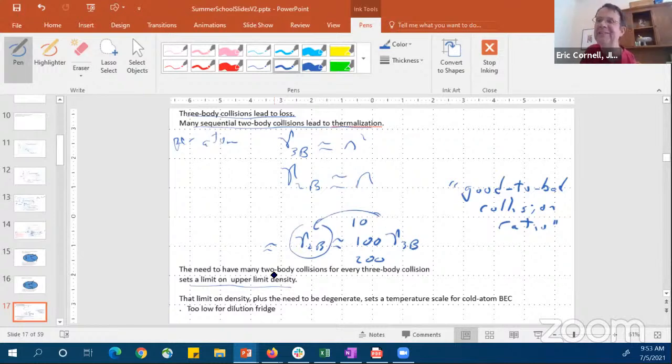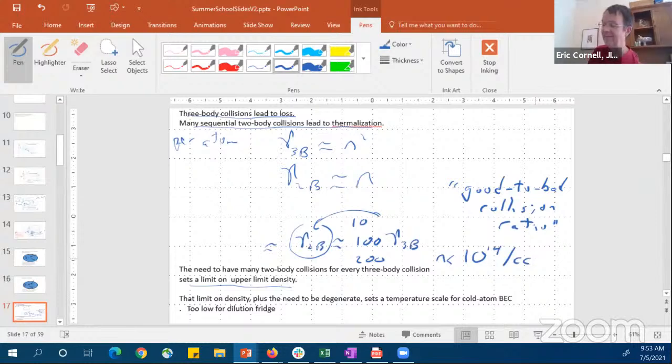Again, this is species dependent, but you'll very, very rarely see a condensate. Basically, for condensates, the densities are almost always less than 10 to the 14 atoms per cubic centimeter. Maybe you can have a higher density condensate for a very short time, but not for very long.